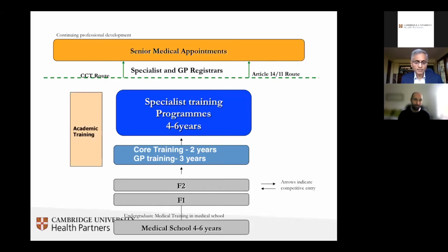After graduating from medical school, students then go to a 2-year foundation program, which is aimed at obtaining and improving generic medical skills.